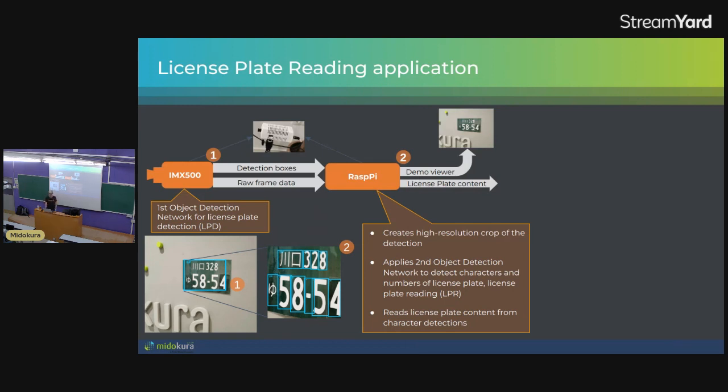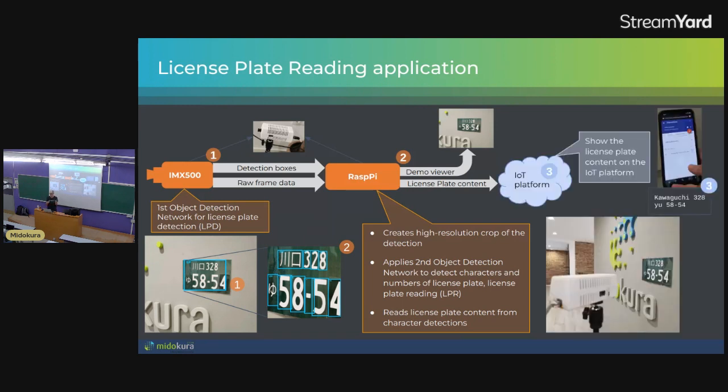Here we are reading a Japanese license plate that contains a lot of kanji and hiragana, so there are more than 170 categories. It's not as simple as our license plates here in Spain. We also pre-trained this model and retrained it to be adapted to this problem.